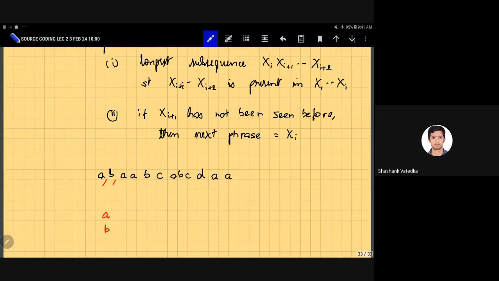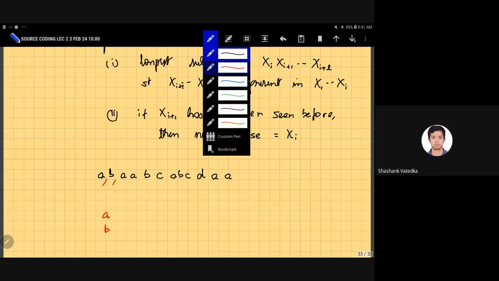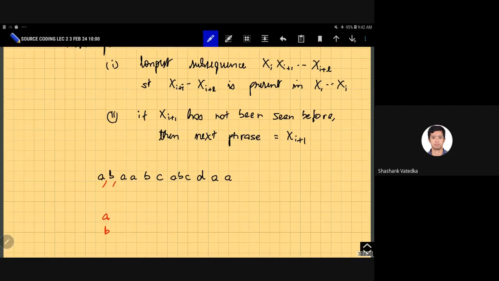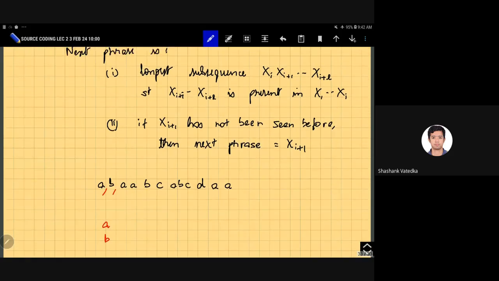Now let us look at the next symbol. Have I seen A before? Yes. Question: shouldn't it be xi+1 at the second point? Oh, sorry, this should be xi+1. Thanks for correcting. So the next phrase is just xi+1.